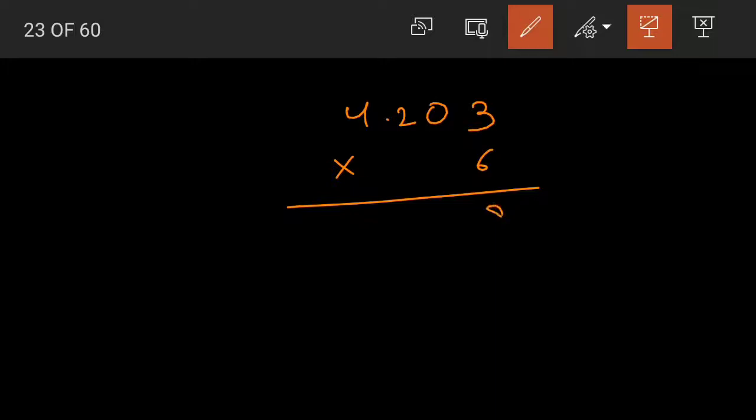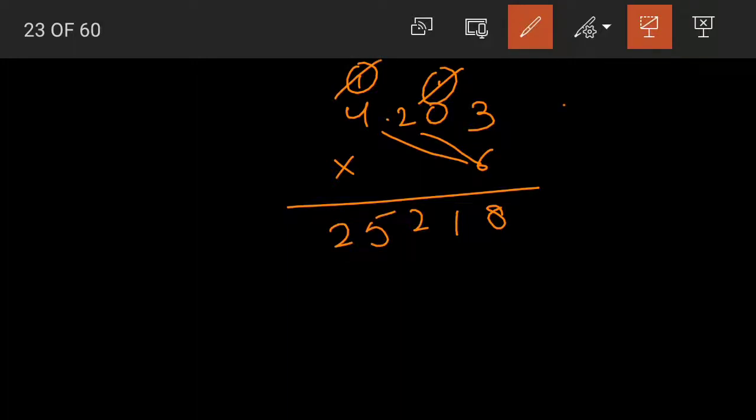We have 6 3s are 18, 6 zeros are 0 plus 1, 6 2s are 12, so 2 here, 1 carried, 6 4s are 24 plus 1, 25. So this is our product upon multiplying 4.203 by 6. Now what should we do? We have to place the point as well. Yes, we have the point after 3 digits. Where do we have the point, children? We have the point after 3 digits.